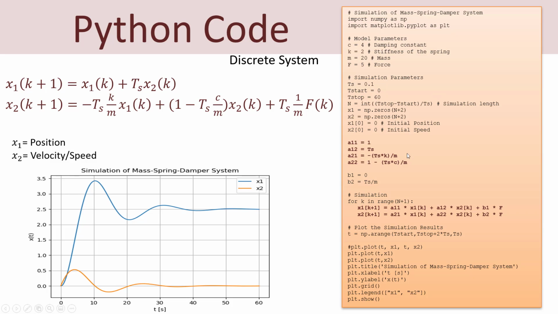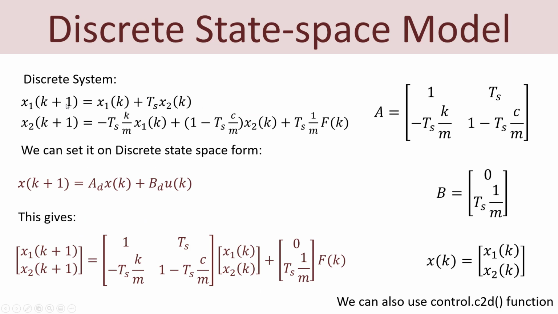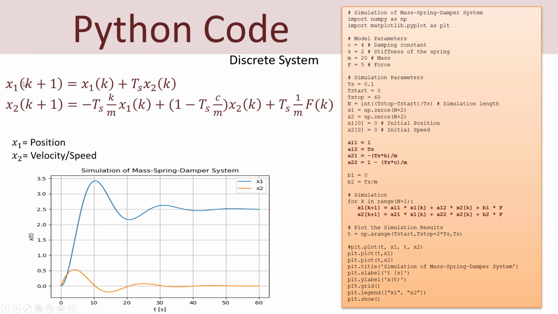So here you see the Python code for this system. I implement these two equations, as you see here, inside a for loop. So x1 k plus 1 and x2 k plus 1 inside a for loop. And then when the simulation is finished, I just plot it using matplotlib as in previous examples.